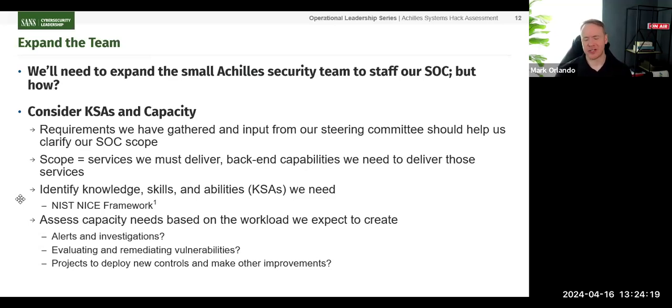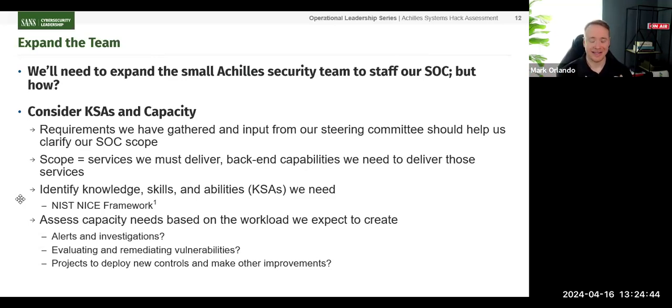But by and large, if you've been a SOC analyst pretty much anywhere else in the past, you might be a fit for my job description. The reality is there's a lot of nuance to this work. There are lots of different skills and abilities that we might find out there, some of which are going to be very appropriate to what we're trying to do at Achilles, some of which maybe not so much.